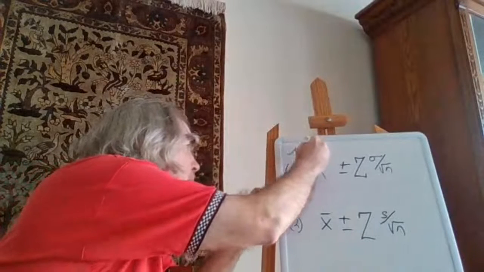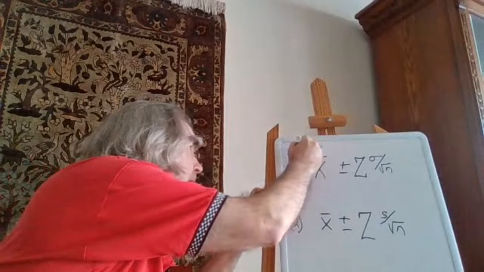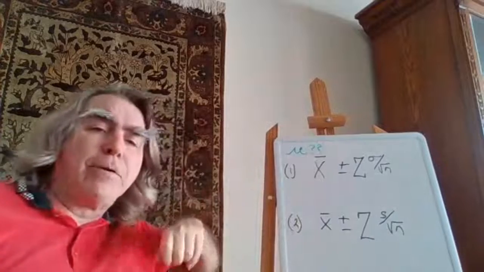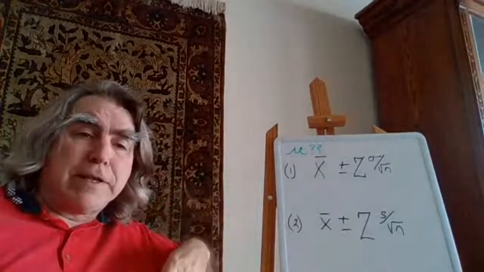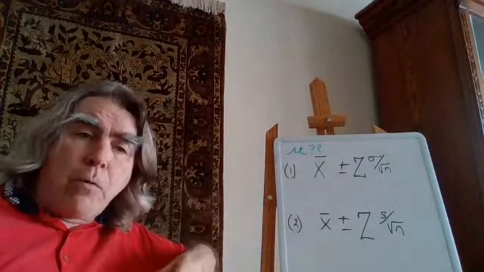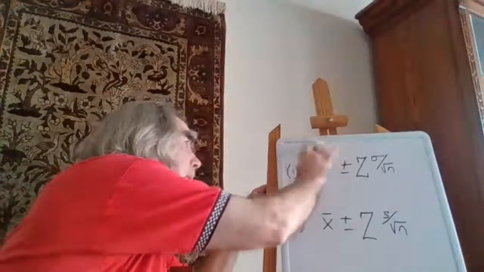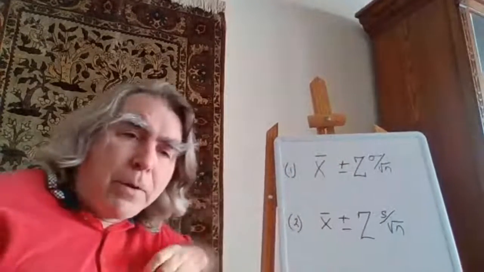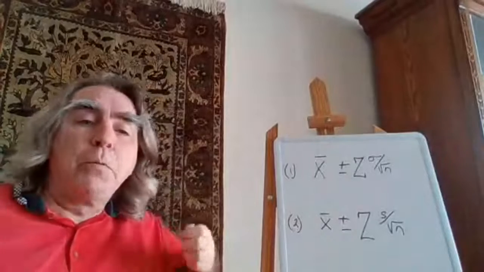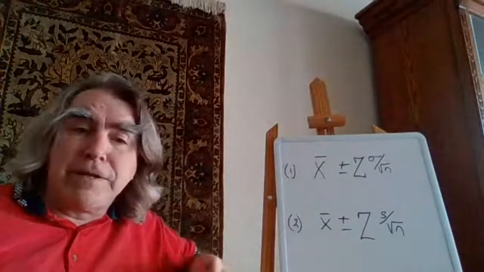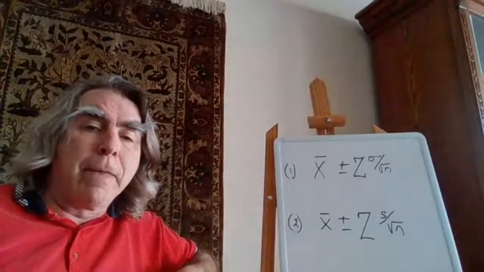Mu is a question mark. Mu is the actual average of what we are interested in. We don't know it. So what we do is we take a survey, or we take a sample of products, or we do an experiment or a series of experiments, right?